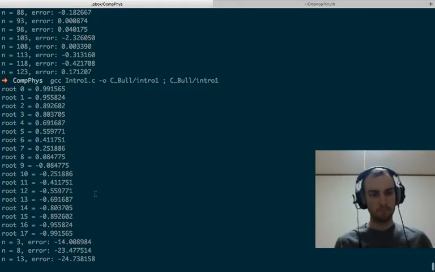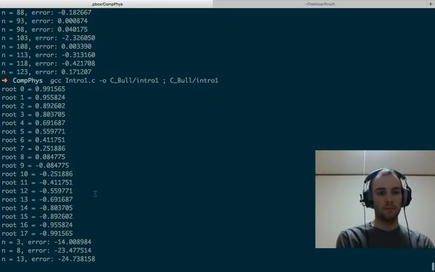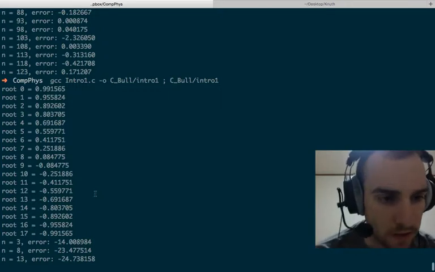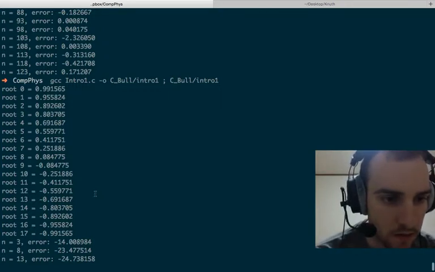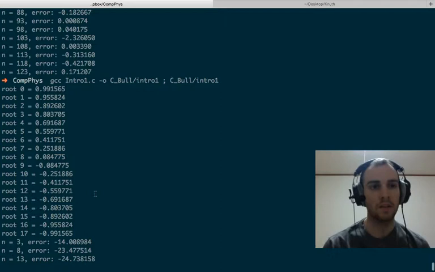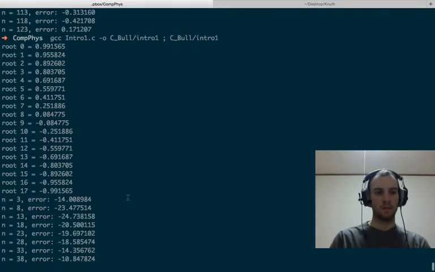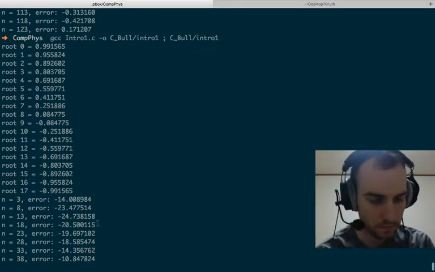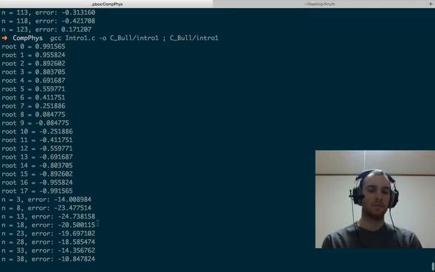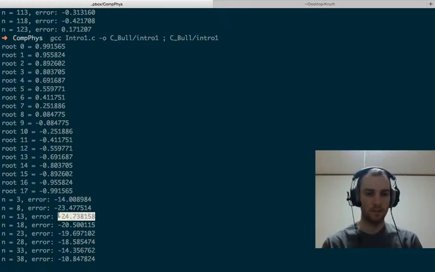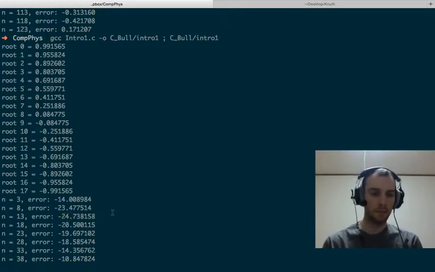So it is pretty symmetric, at least as far as we can see, and we get some pretty good error. So just this is not the error, it's the exponent of the error.